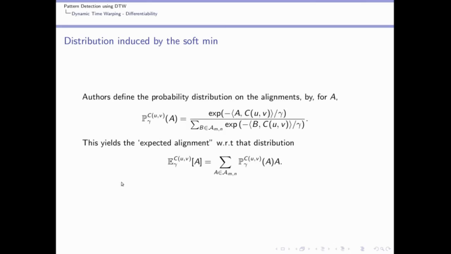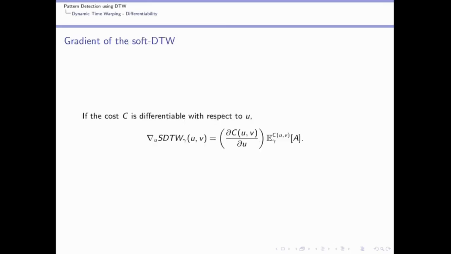The authors introduce what they call the expected alignment: we take all possible alignments and compute the expected one with respect to that distribution. It's actually not that hard to compute. Once we have the distance matrix D from the dynamic programming, it's very fast. With this, we can compute the gradient of the soft DTW with respect to U if the cost is differentiable.